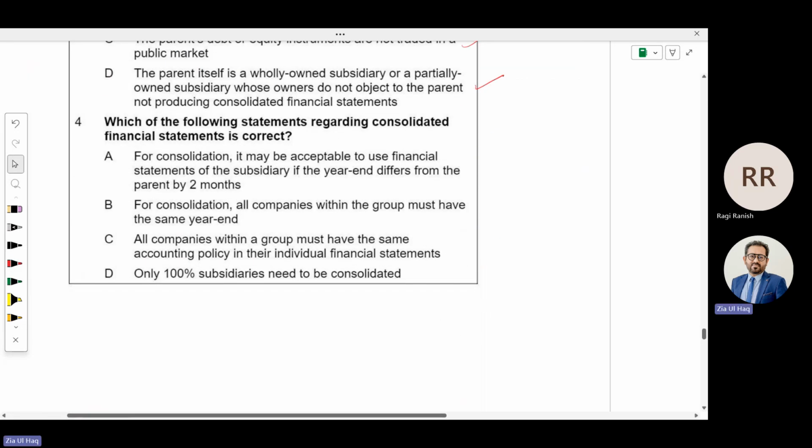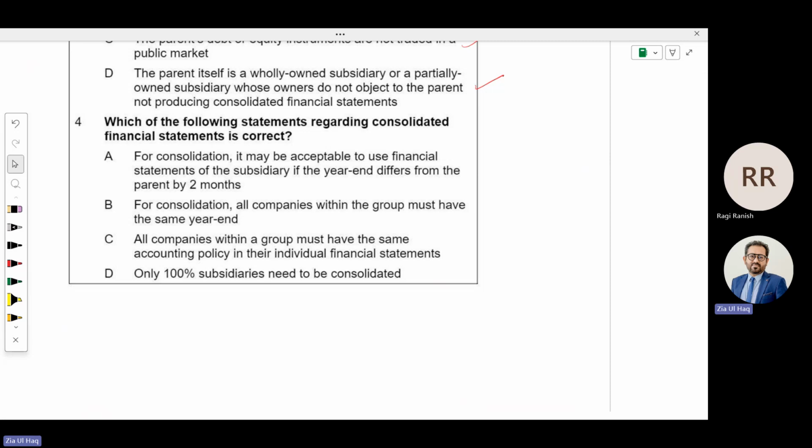Number 4, which of the following statements regarding consolidated financial statements is correct? For consolidation, it may be acceptable to use financial statements of a subsidiary if the year end differs from the parent by 2 months. Yes, the gap period is less than 3 months. What is B? For consolidation, all companies within the group must have the same year end.